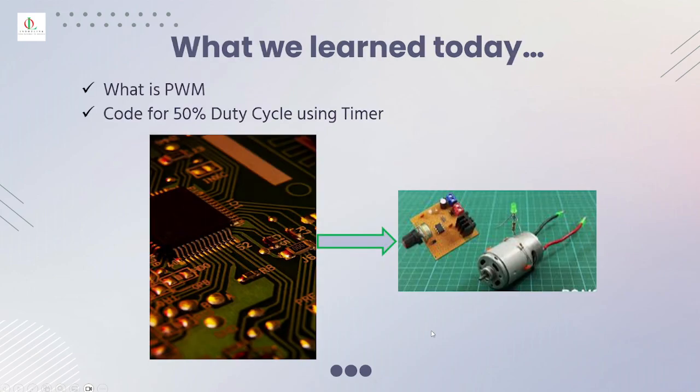So what we learned: what PWM is, how it is used, and we generated it with a 30% duty cycle, and we modified that to show the intensity of the LED light change.